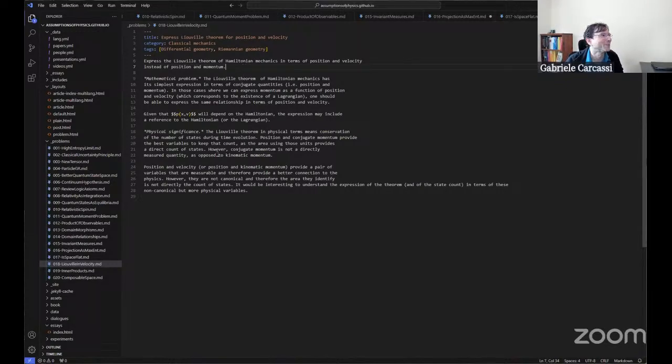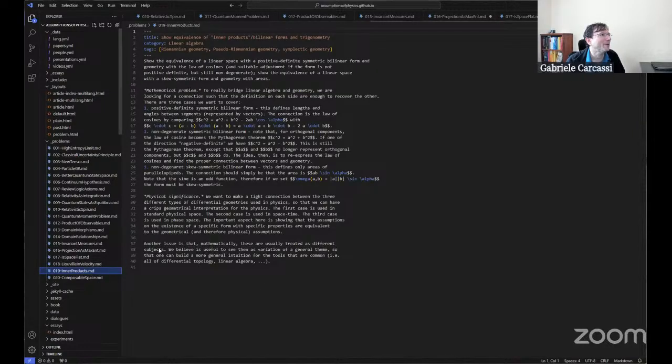Okay, so this is Liouville's theorem. This one I don't even remember what it is. Show the equivalence of inner product, bilinear forms and trigonometry. Show this, I might have already done. I didn't even know that I had a question here.